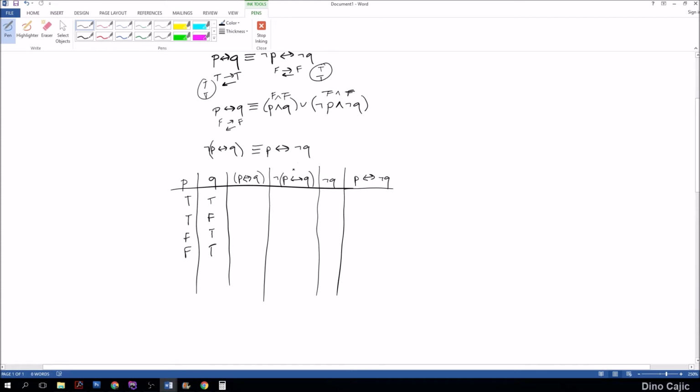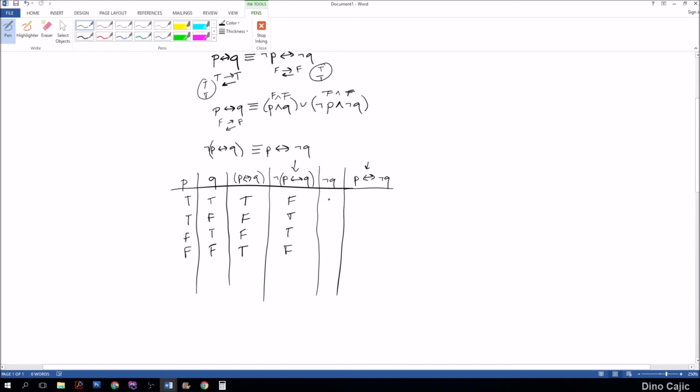Remember, we're going to be comparing this column and this column. So P if and only if Q. Remember, the truth values have to be identical. True if and only if true is true, because true implies true, and if you reverse it, true implies true as well. This is false, this is false, and this is also true. The negation of this column is just the opposite: false, true, true, false.